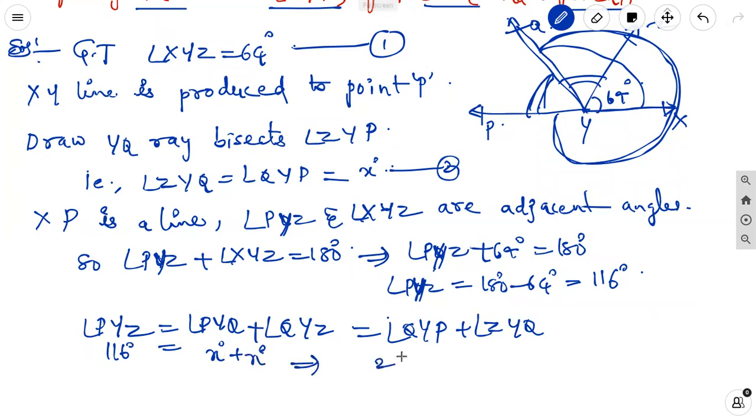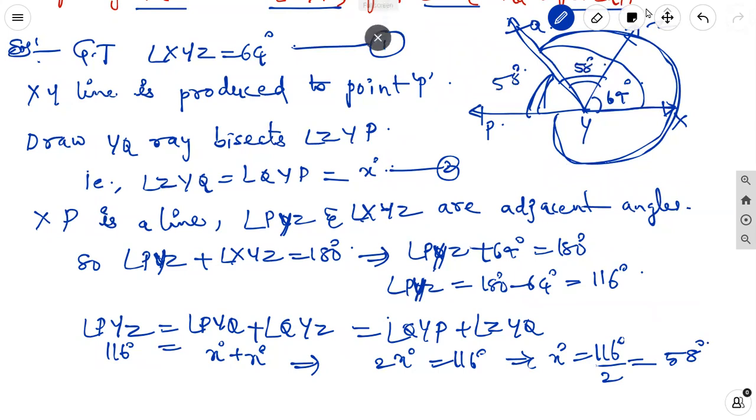From this, 2x degrees equals 116 degrees. x degrees equals 116 degrees by 2, it is equal to 58 degrees. So this is 58 degrees, this is 58 degrees.